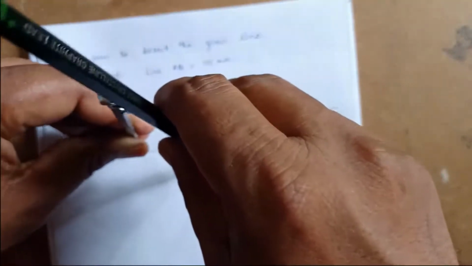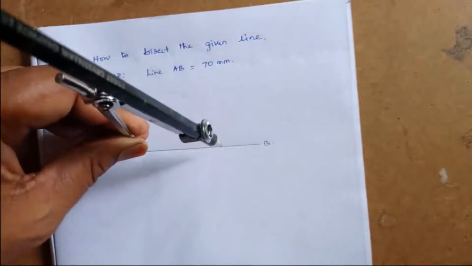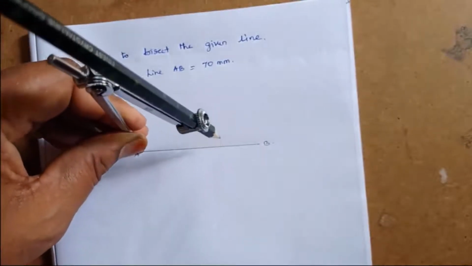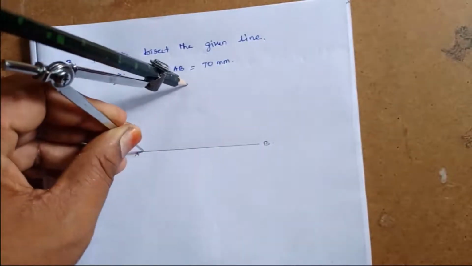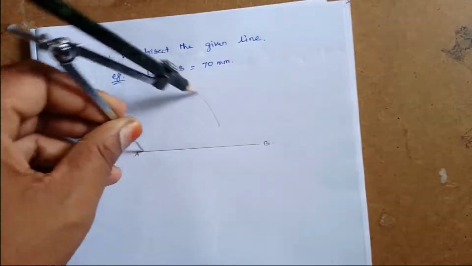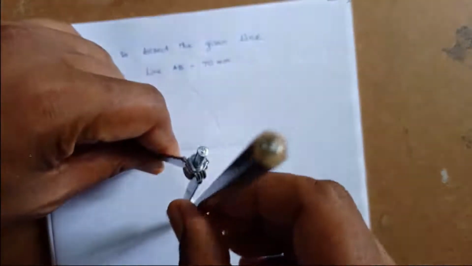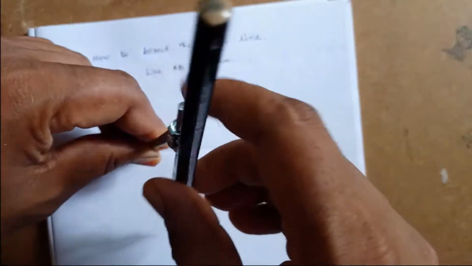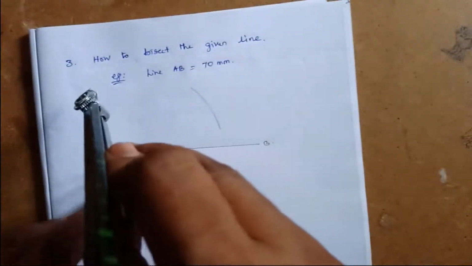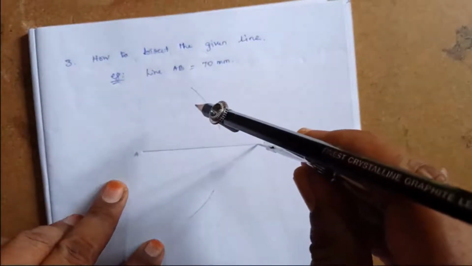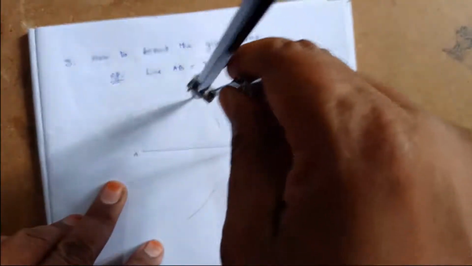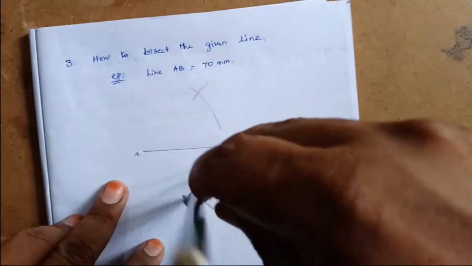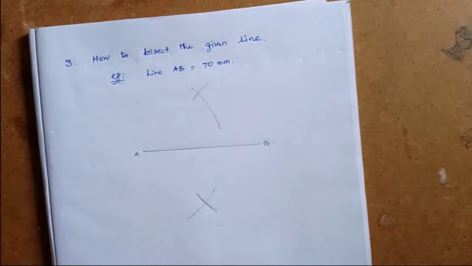Take a distance greater than the half of the line AB. The length or the radius you are taking should be greater than the half of the length of the line AB. Then only you will get the bisecting point.